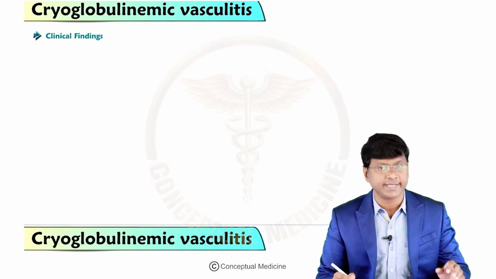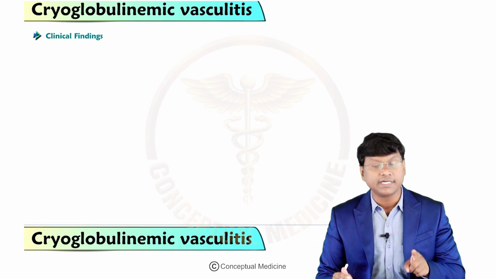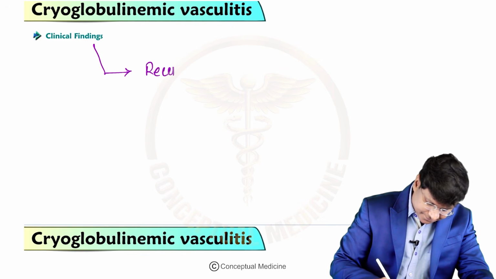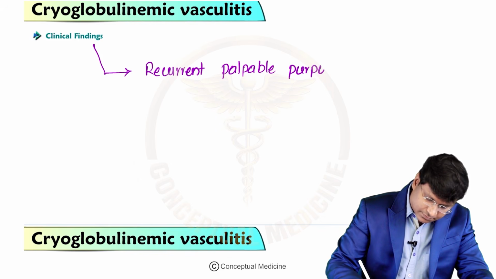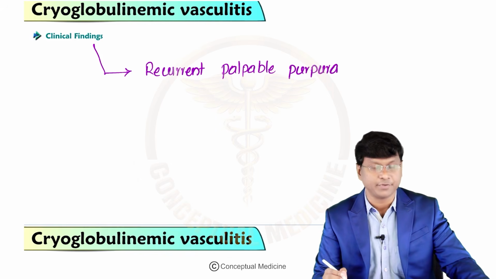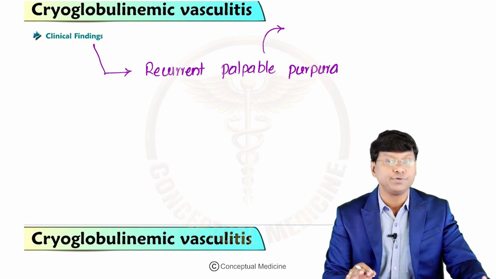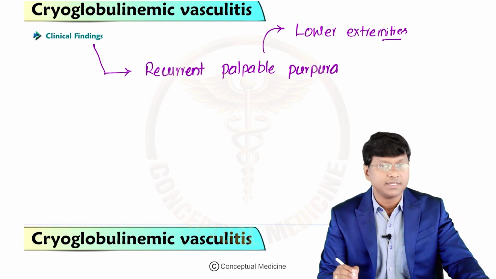The clinical findings typically manifest as recurrent palpable purpura, predominantly distributed over the lower extremities.